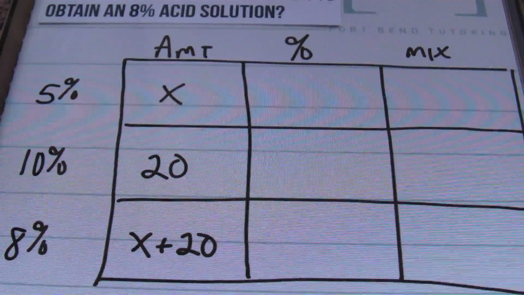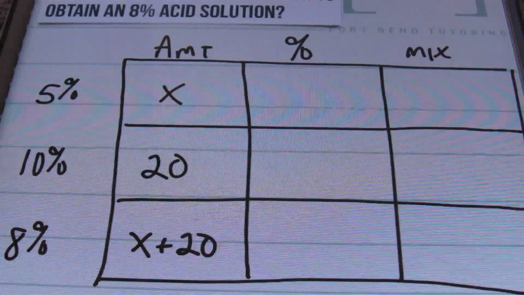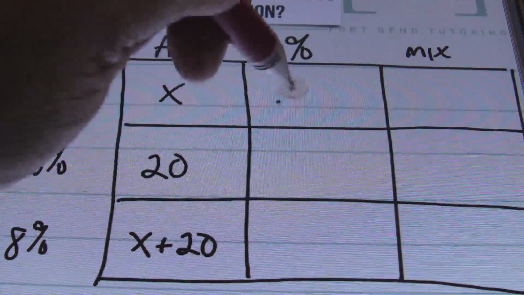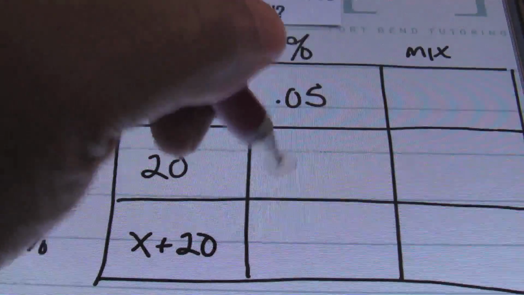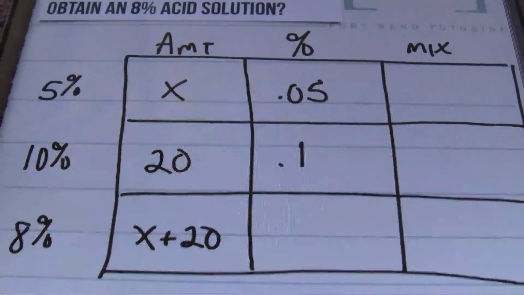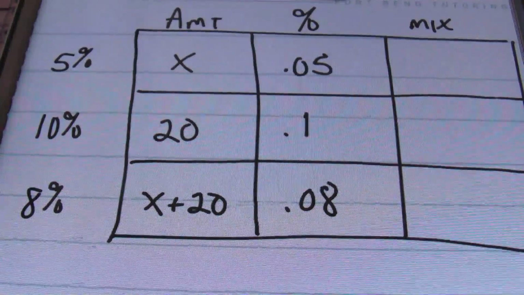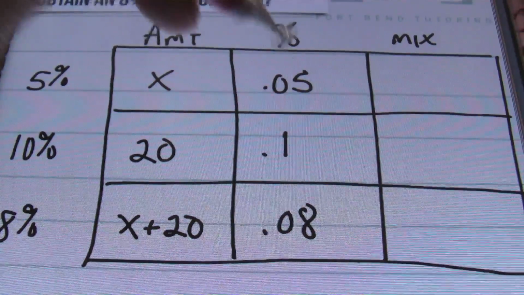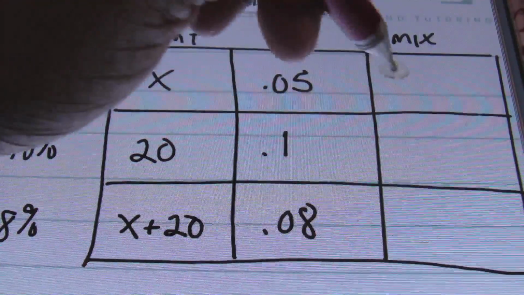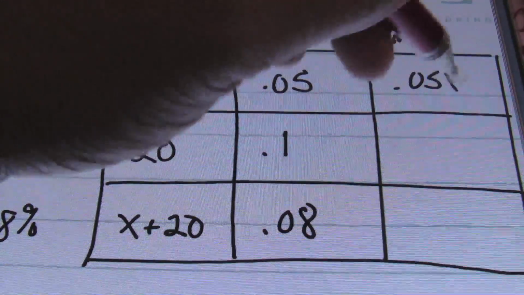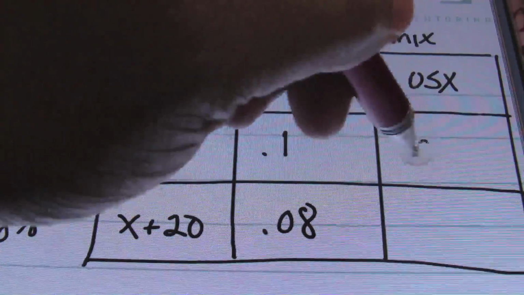All right, we're going to convert our percentages into decimals. So 5% written in decimal notation is 5/100ths. I'll write my 10% as 1/10, and 8% is 8/100ths. As I said before, your first column times your second column will always equal the third column. So X times 5/100ths gives me 5/100ths X. 20 times 1/10 gives me 2.